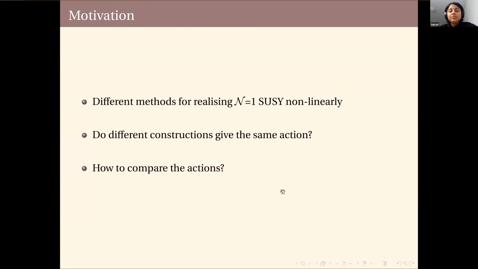Since these actions can be very complex, not just because they have different notations from being constructed by different people, but because they are quite long, it's not easy to compare them. So what kind of techniques could we use to bring them into a form such that we can compare them?